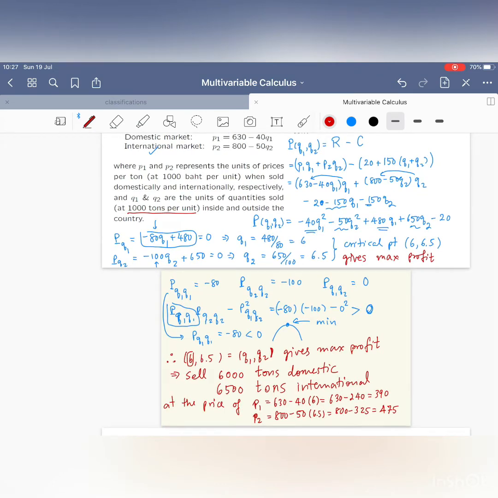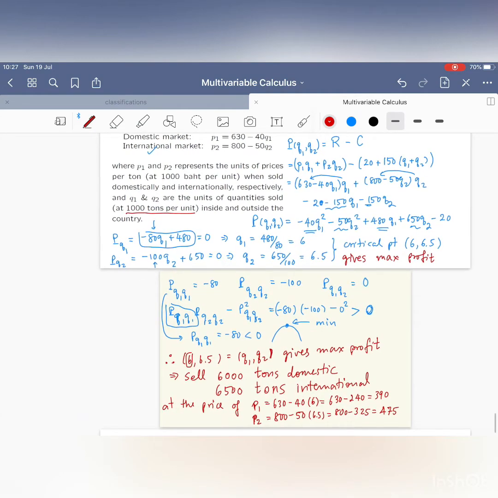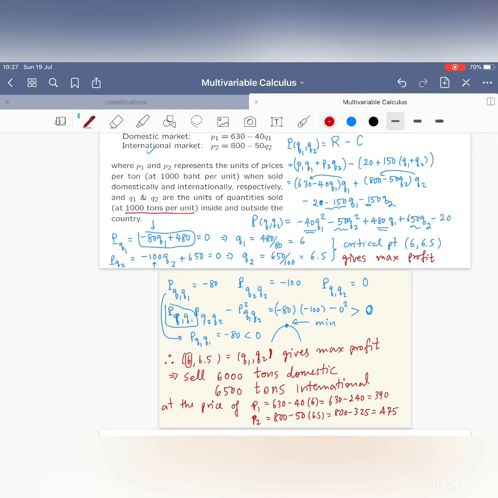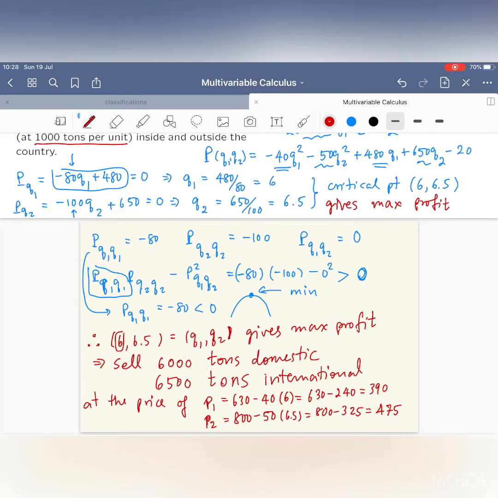Your prices are in 1,000 baht per ton. So the selling price is 390,000 baht per ton, and this one should also be 475,000 baht per ton.